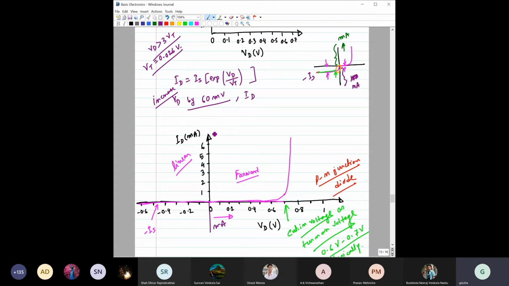Please do it quickly. If I change VD by 60 millivolt, what would be the change in ID? Sir, 10 times. 10 times, right? So remember that it is 10 times.